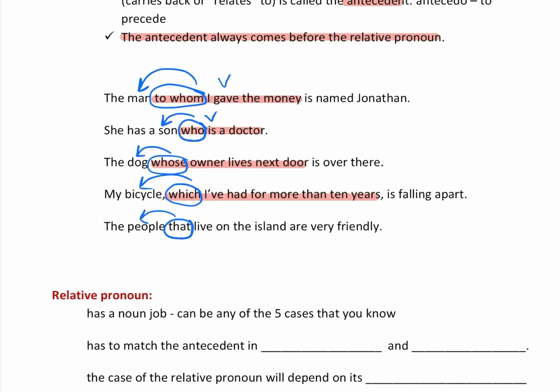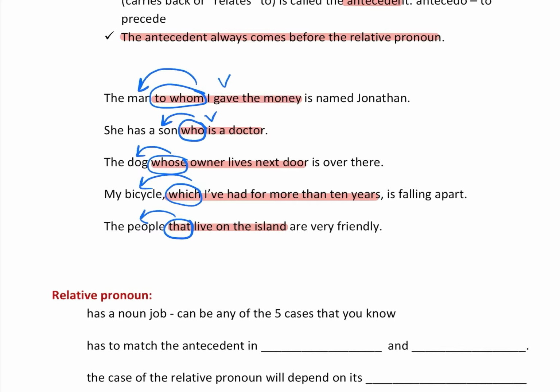What do we know about the people? The people are very friendly. That gives us a complete sentence. What is the descriptor part? The people that live on the island. That is an adjectival clause, or a relative clause, that describes the people. So notice the relative clause always starts with a relative pronoun, which will really help.